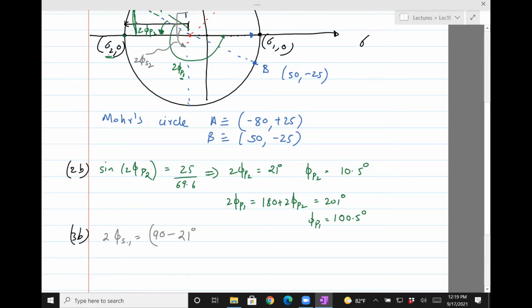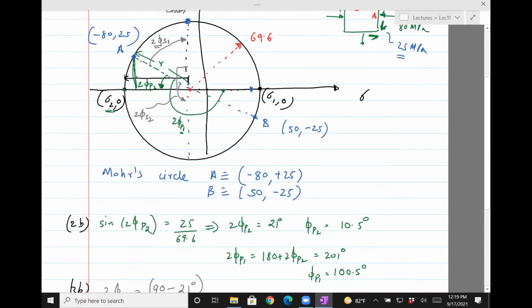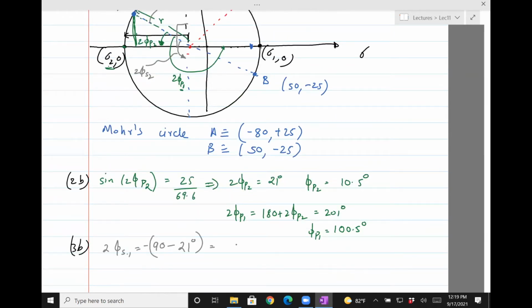However, the way I view this is it's clockwise, and clockwise is negative, so I need to put the sign there. That's minus 69 degrees.